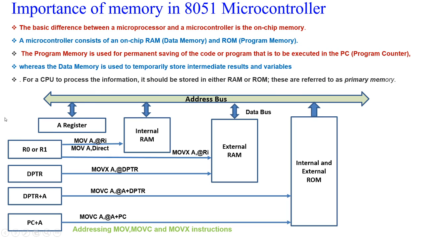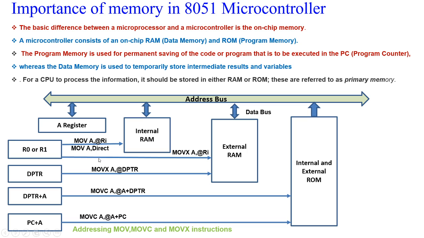Importance of memory in the 8051 microcontroller. As we know, this is register A, internal random access memory of 128 bytes, and external memory. The address and data bus are attached to these memory devices. Suppose we want to access internal memory, then register R0 or R1 is used.